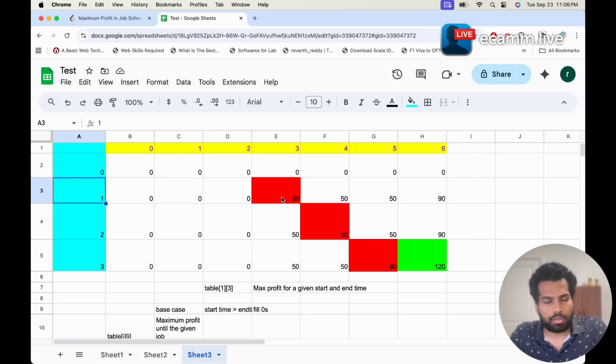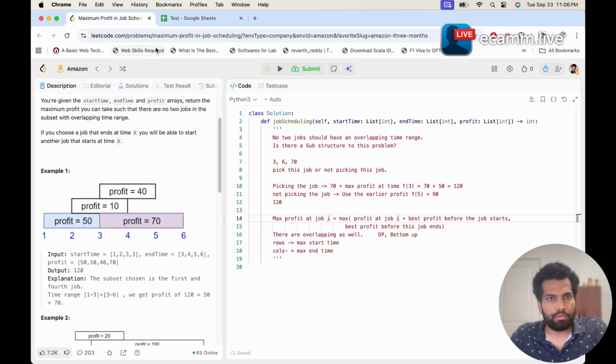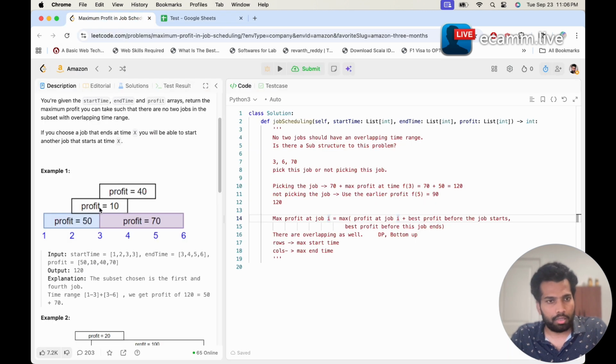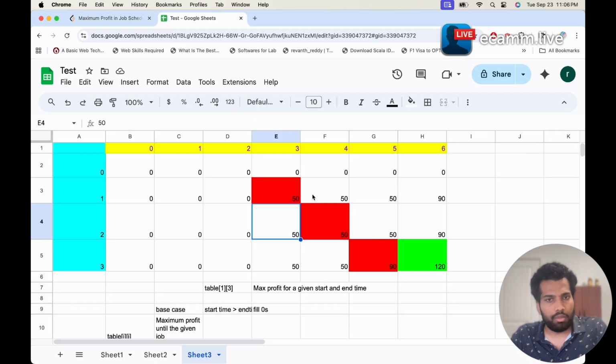And when we come to this cell, there is a job that starts at time 1 and ends at 3, and the profit is 50, so we just fill it with 50. When we come to this cell, which has start time 2 and end time 3, there is no job with start time 2 and end time 3, so we only fill it with the previous max profit, which is 50.